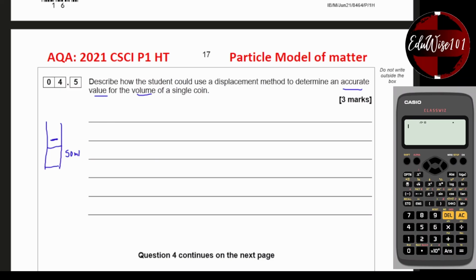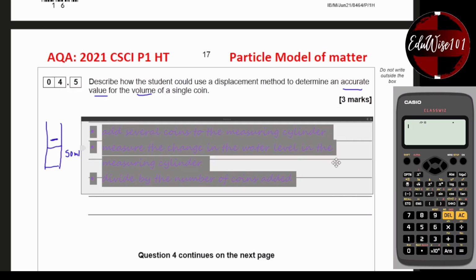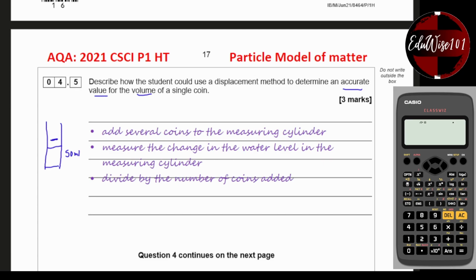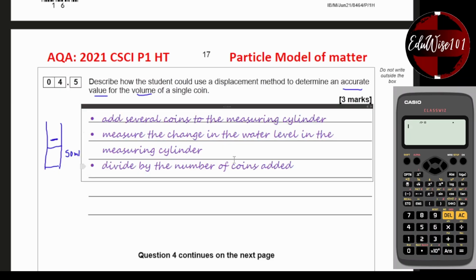So, for 3 marks: add several coins to the measuring cylinder. Measure the change in the water level in the measuring cylinder. Divide by the number of coins added. So let me bring that slightly up.